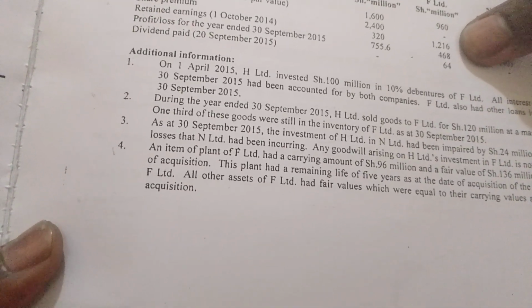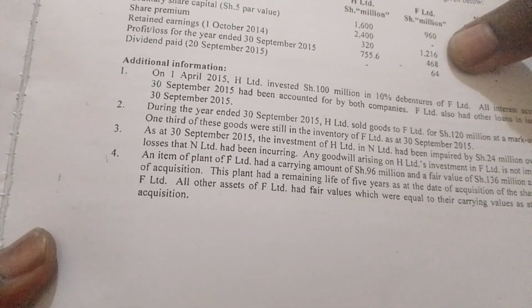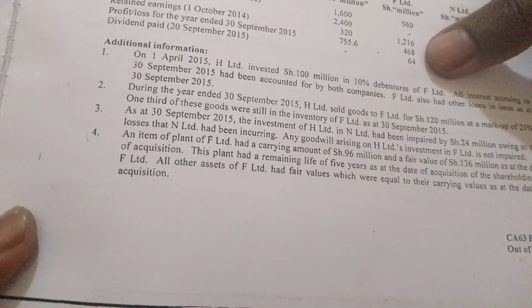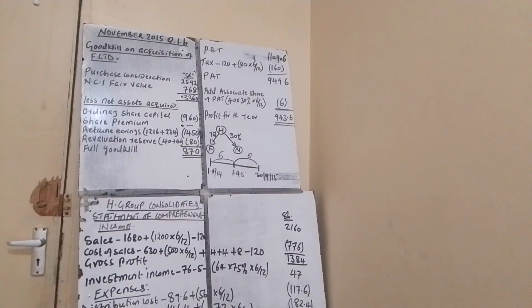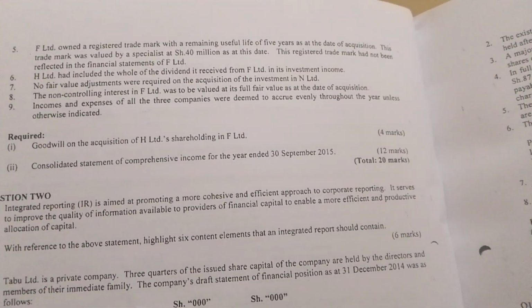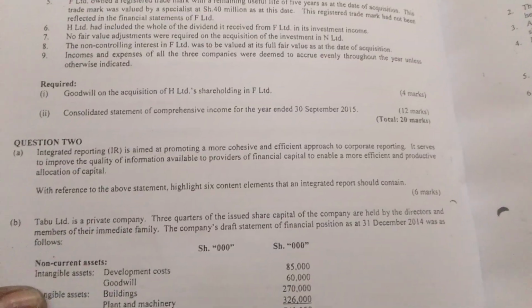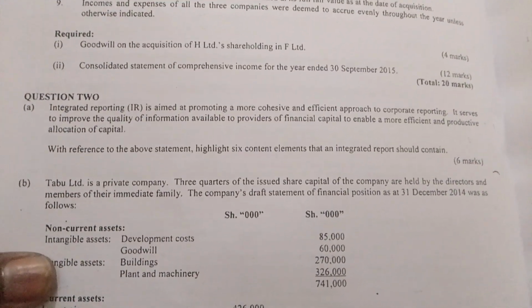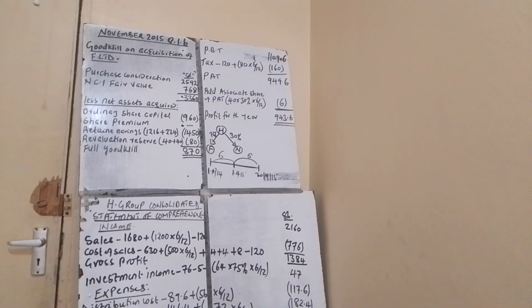Then profit for the year ended September 2015 is 468. If you look at additional information number 9, incomes and expenses of all the three companies were deemed to accrue evenly throughout the year unless otherwise indicated.